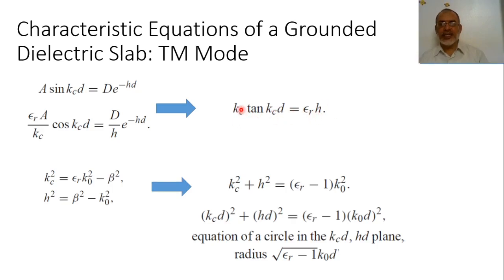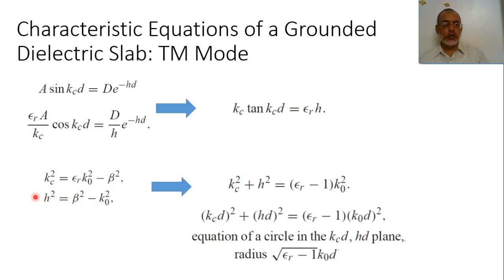So Kcd tan Kcd equals epsilon r hd. Okay, and already we have the relations between Kc and H and beta as Kc squared equals epsilon r K naught squared minus beta squared, and h squared is beta squared minus K naught squared.